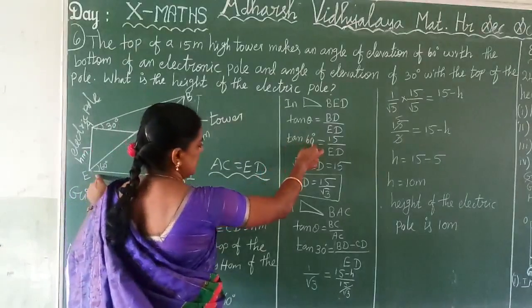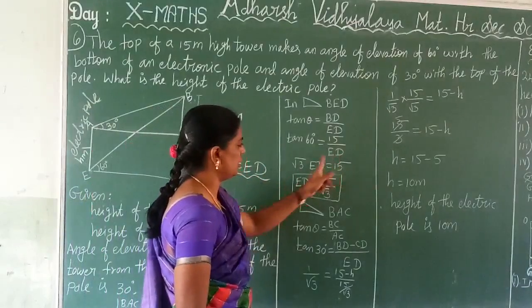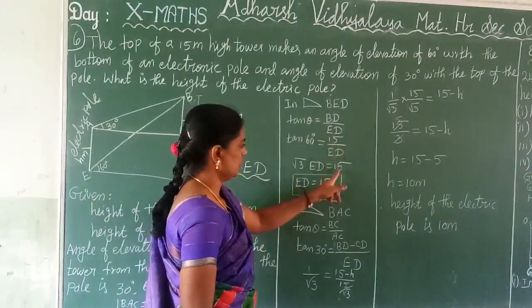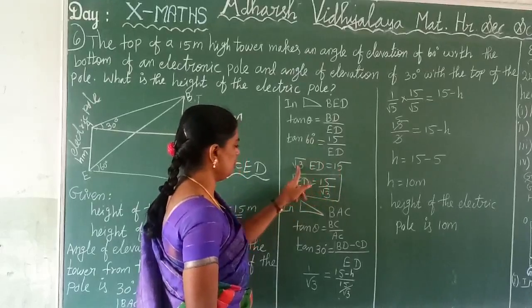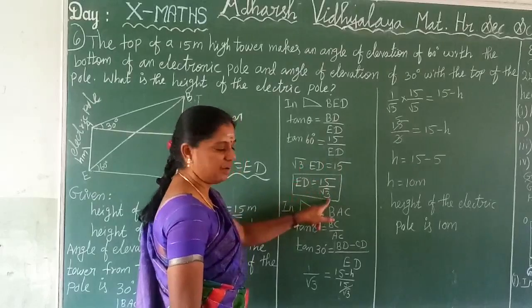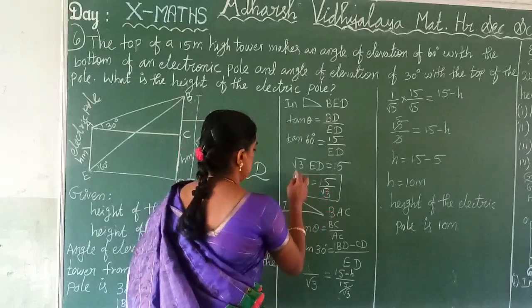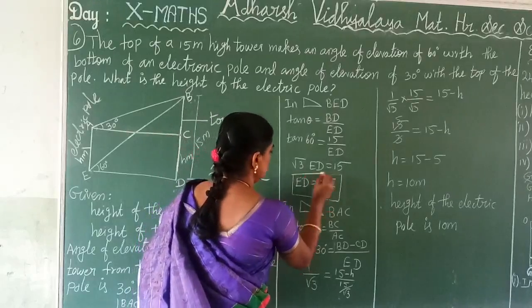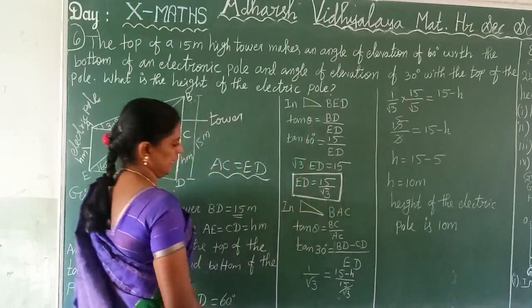Tan 60 degrees value is root 3, a table value. Denominator ED comes this side, numerator is 15. So ED is equal to 15, root 3 comes this side, divide. So ED value is 15 by root 3. So we found ED using the first option, this triangle BED.